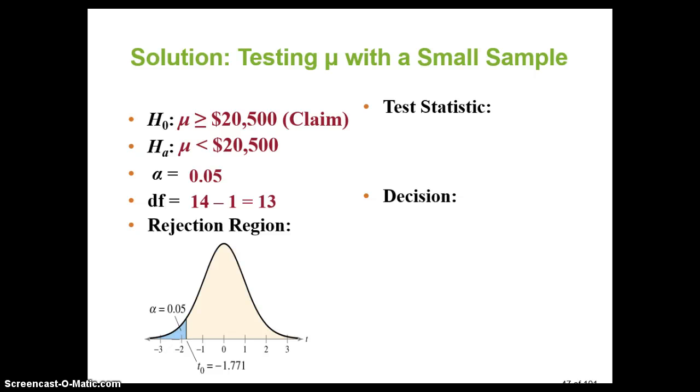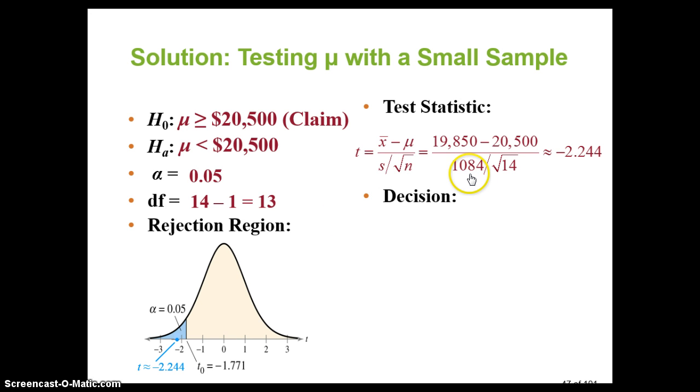So how we do that, well, we can plug it into the formula. The sample mean, which was $19,850, minus $20,500, which is our hypothesized mu, divided by the standard deviation in the problem, 1,084, divided by the square root of the sample size, which is 14. So we should get a standardized test statistic of negative 2.244.